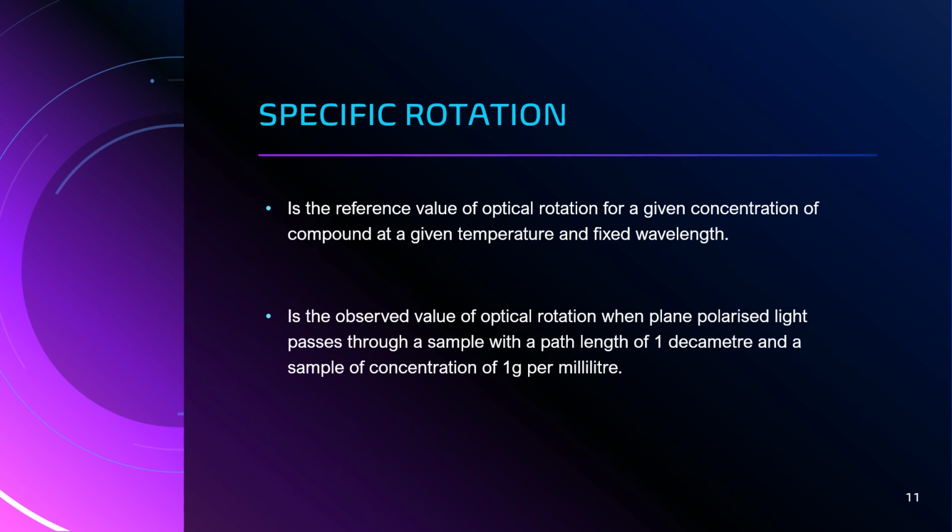So how much rotation happened, the magnitude of that rotation in a 1 decimeter path length with the sample concentration of 1 gram per milliliter, that value is said to be the specific rotation.